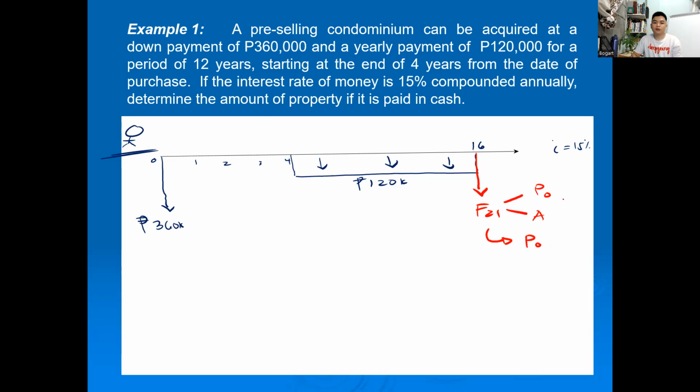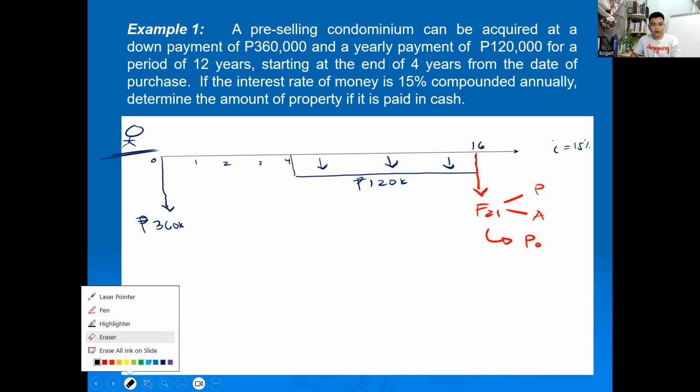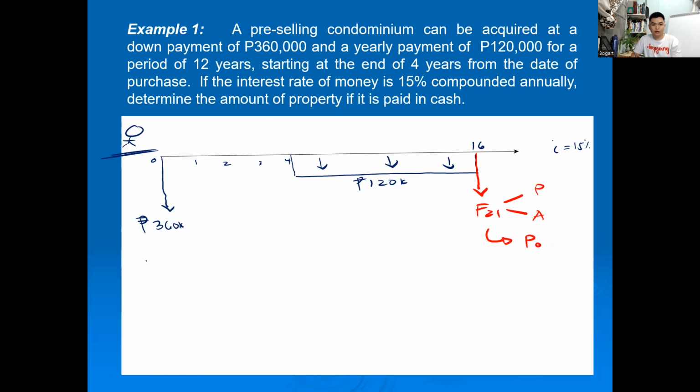P0, that will be the present. Para makuha natin si present worth, that will be the down payment. Para hindi tayo malito sa variables. Okay? So, let's do this. Solution.